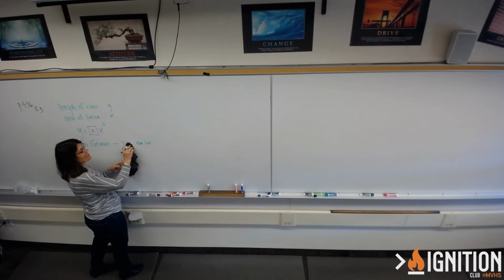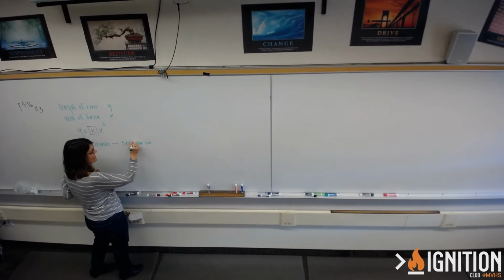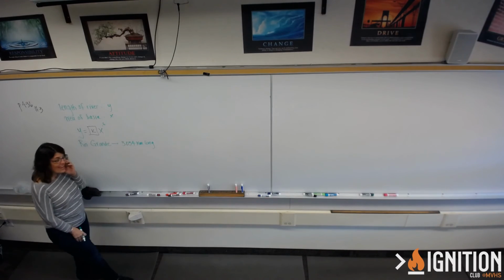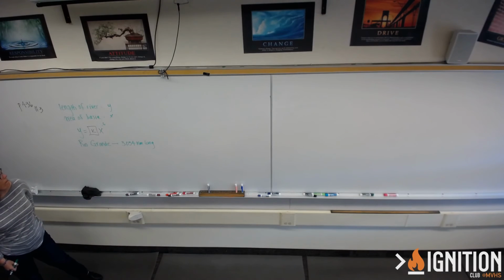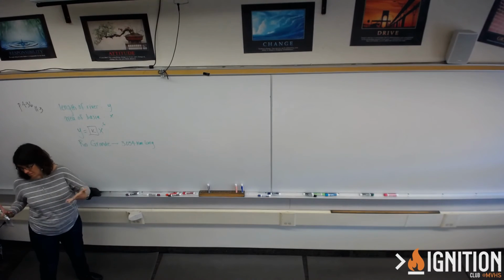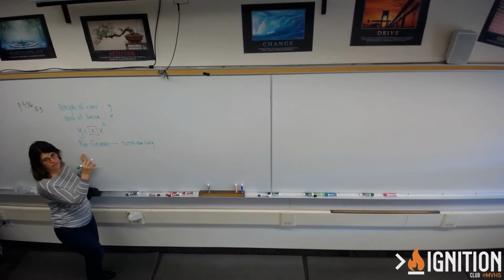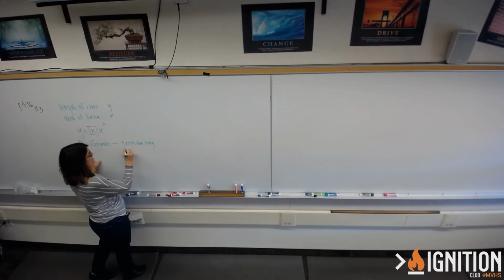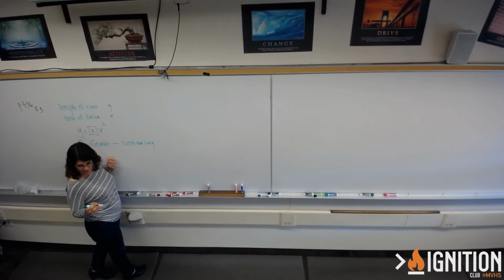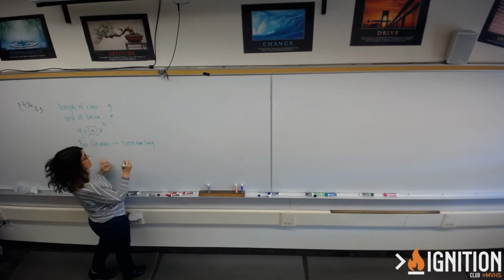Why don't you tell me one more time? It was a joke. I got it. X or Y? Yeah, it's Y, the length of the river. How do you know it's length? Long, length. And then what else do they give us? Basin is 500,000 square kilometers. It's pretty big, don't you think?